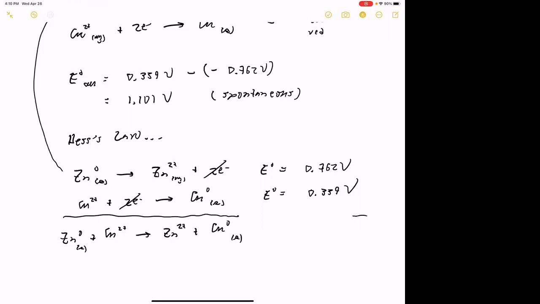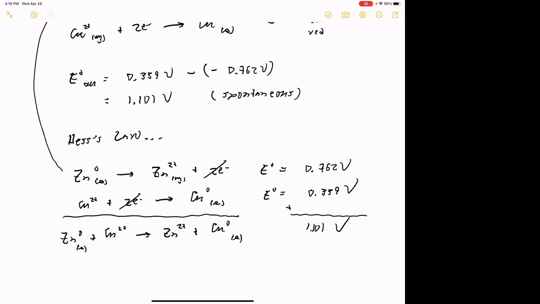If you think back to Hess's law, you just add them up. If you add reactions, you add E0s, because it's just a state function, just like a Gibbs free energy or an entropy or an enthalpy. So you get the very same thing, 1.101 volts. No matter which way you do it, you get the same answer.